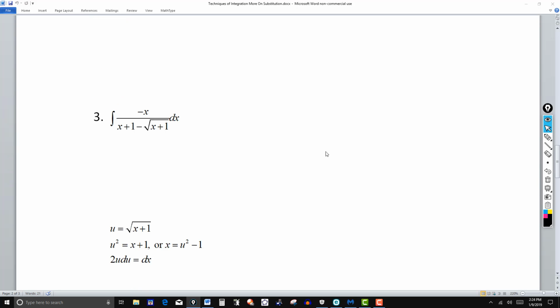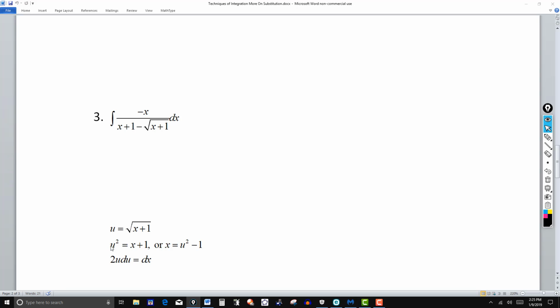I square it, and that eliminates the radical, which is convenient. So I get u squared equal to x plus 1. And then again, because I have an x over here, I can substitute, solve this for x, I get u squared minus 1. Take the differential of u squared equals x plus 1, I get 2u du equals dx.